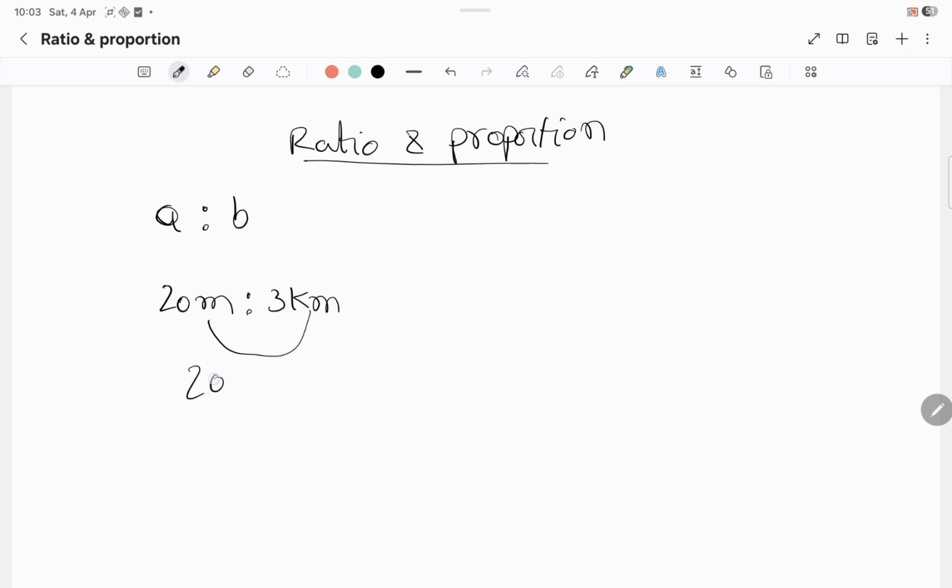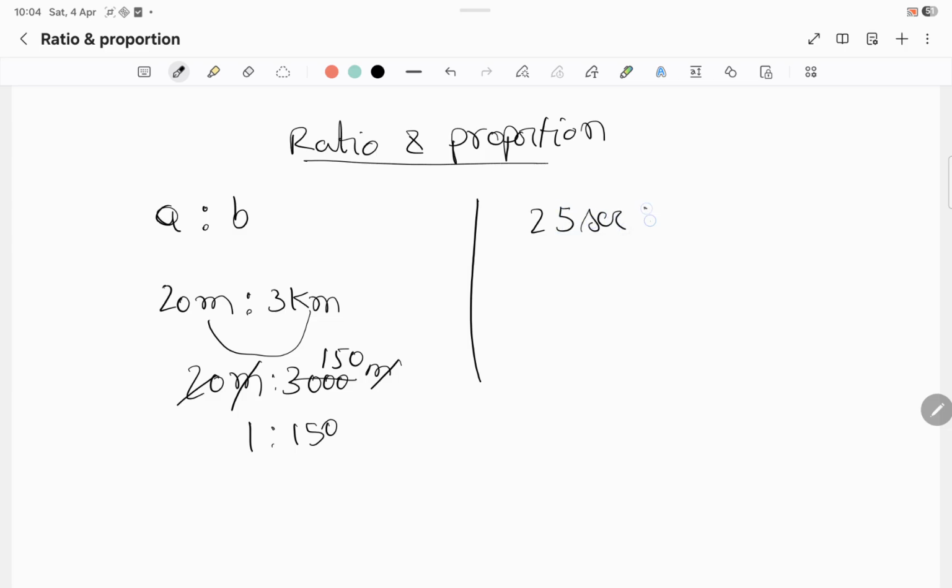So it's better to convert kilometer to 3000 meters. So 20 to 3000 gives 1:150. So m and m get cancelled. In the same way, suppose it is given 25 seconds, and minutes or hours is given.